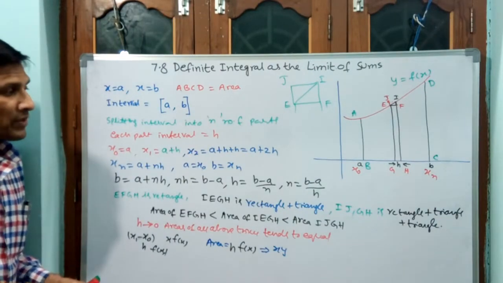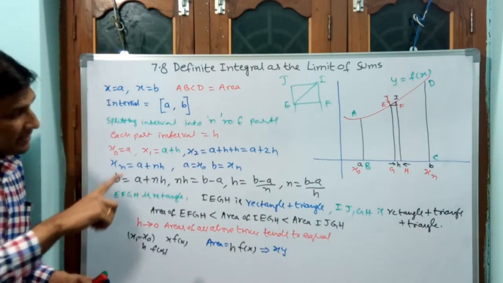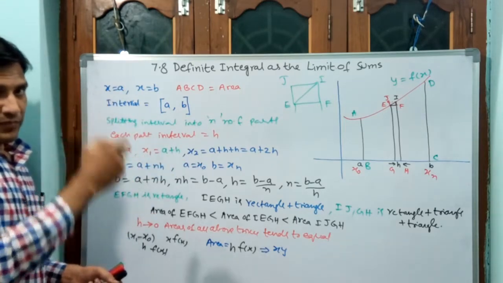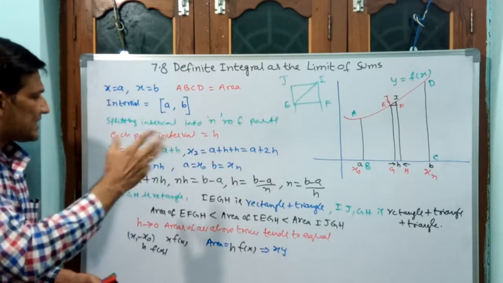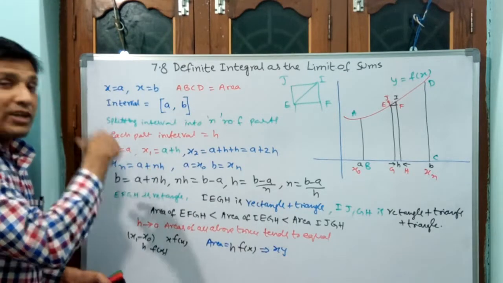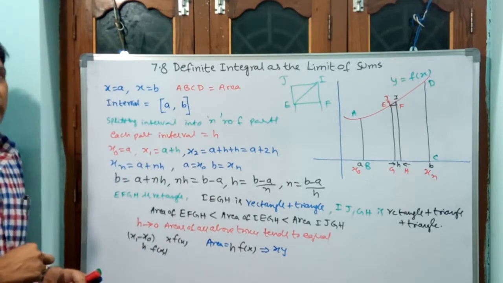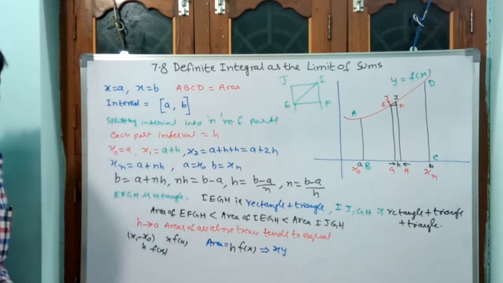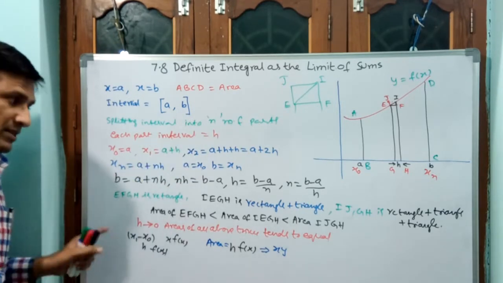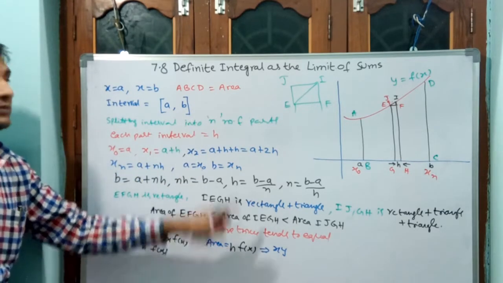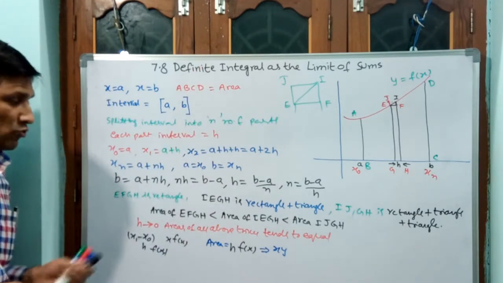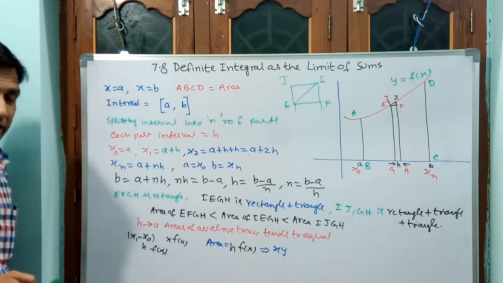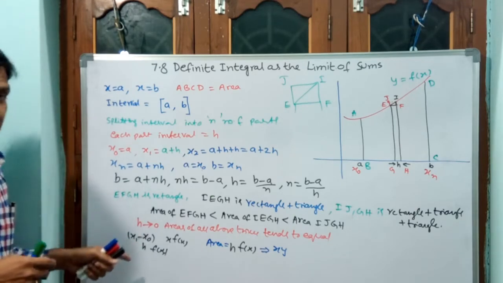That is why you have to consider each and every portion: a plus h, a plus 2h, a plus 3h, a plus nh, a plus n minus h. Like that you have to apply, and you have to apply f of x also. Then only this is going to give the total area, and that should be limited.